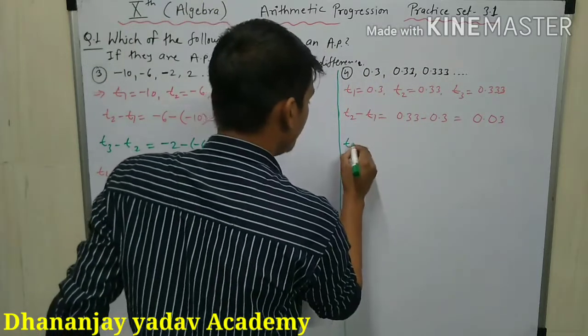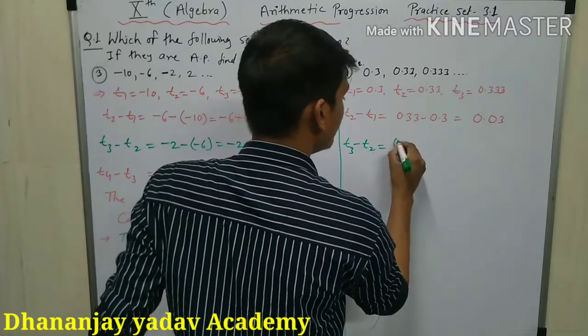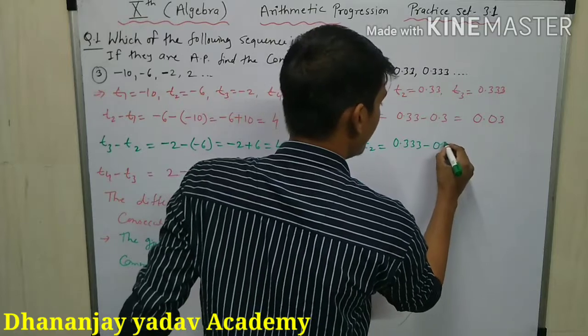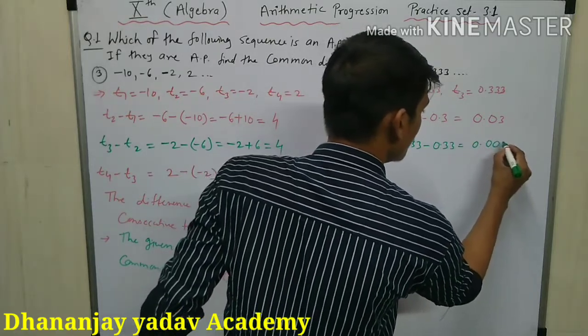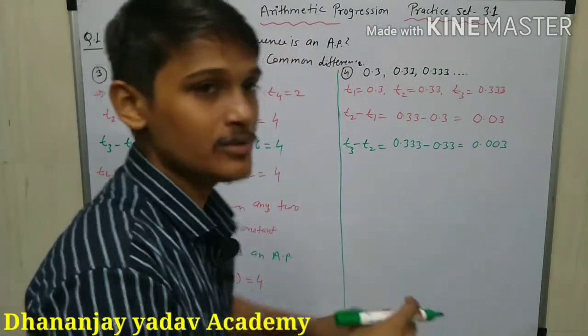Now, T3 minus T2 is equal to what? T3 is 0.333 minus 0.33, which is equal to 0.003. Is this a constant term?